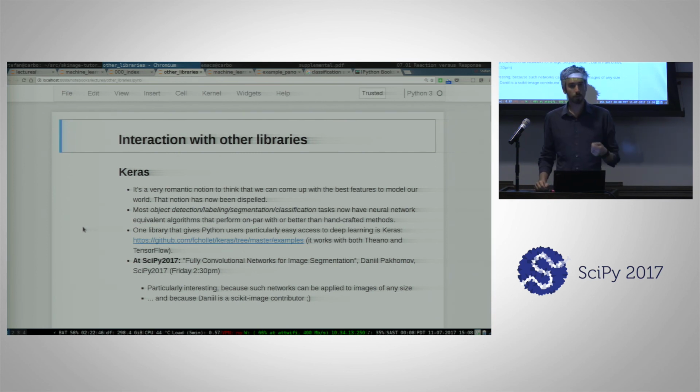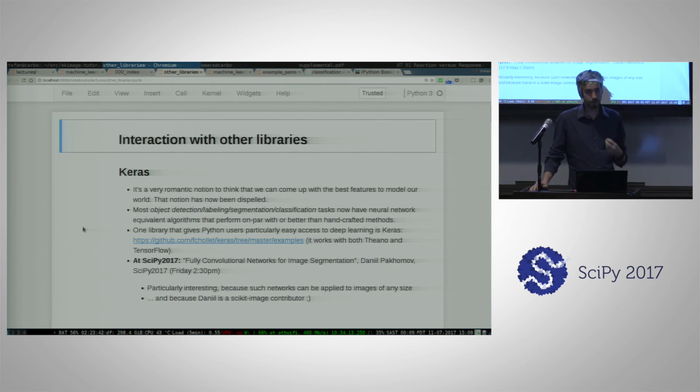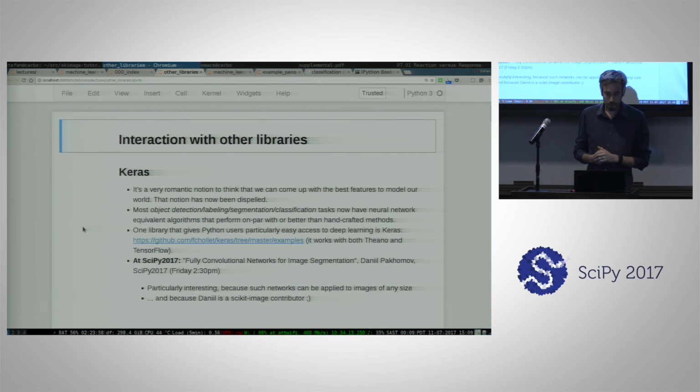They're able to label images better now than humans can themselves. There's been a particular success around image processing problems, so problems relating to detection of objects inside of images, labeling images with multiple objects, segmenting images, determining where those objects are, and just classifying images in general. So in that category of algorithms, neural networks have performed exceptionally well.